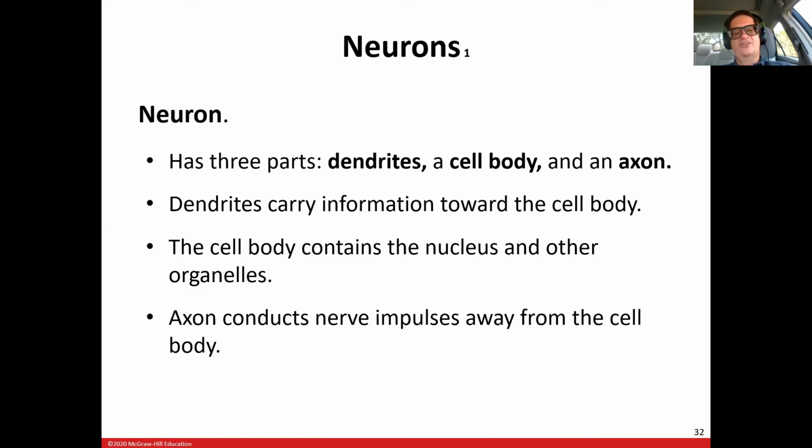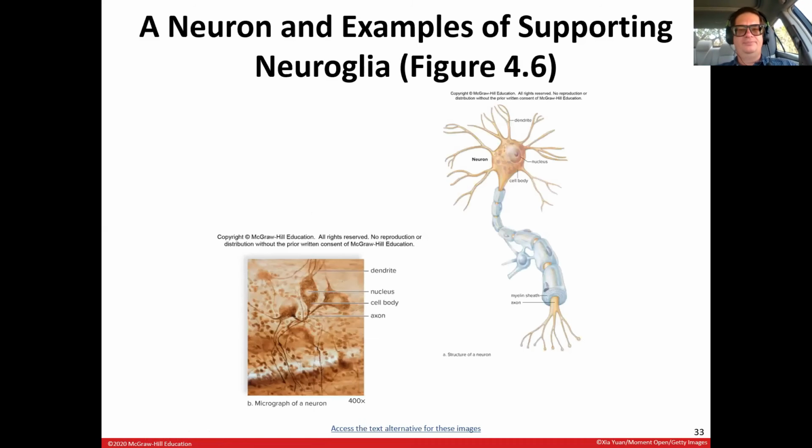In a lot of neurons, not all of them, you have the dendrites coming in, feeding the signal to the cell body, and then a signal goes from there down the axon. Oh, and like I said, dendrites carry information to the cell body. The cell body has the nucleus. The axon is the output. It carries the nerve signals away. Great. There we have one.